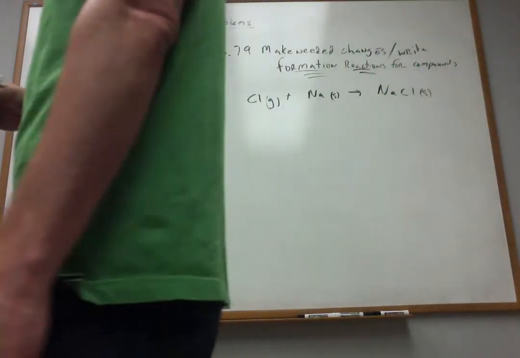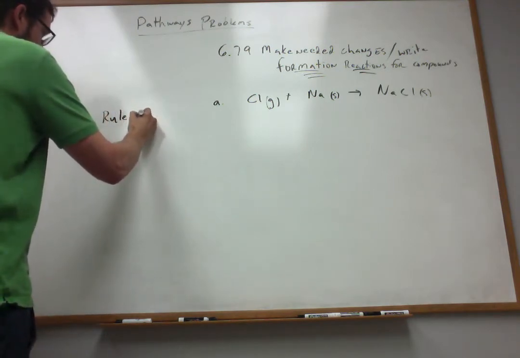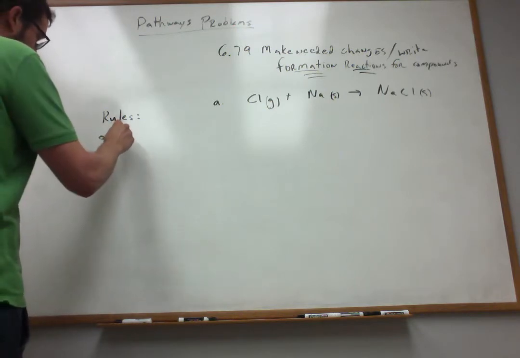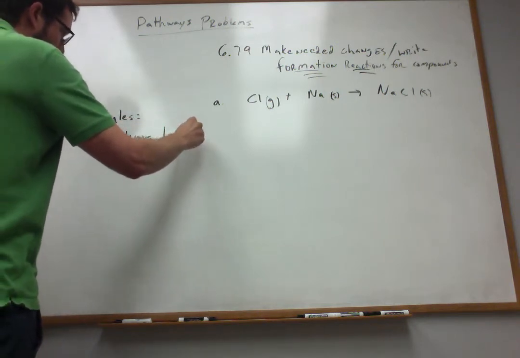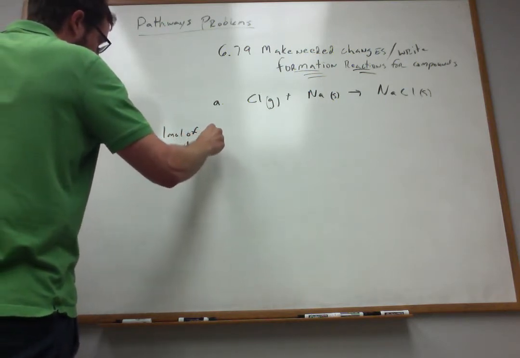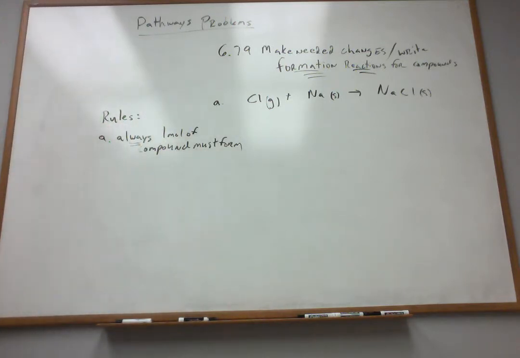There are really, I think, two important rules, conditions that you need to meet. Rule A, and this is real important: always, in a formation reaction, 1 mole of the compound of interest, here that's sodium chloride, the product, always 1 mole, and only 1 mole, must form from your balanced chemical reaction.